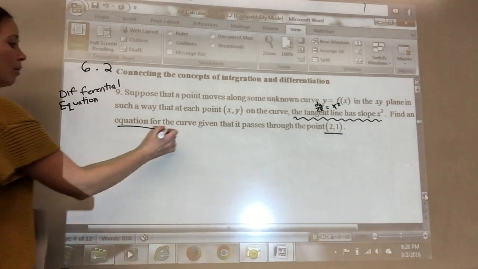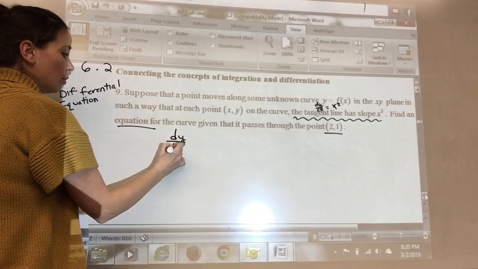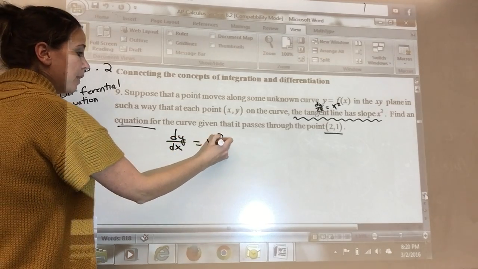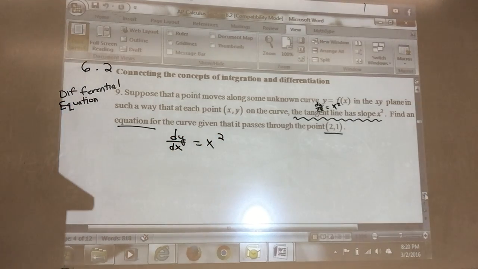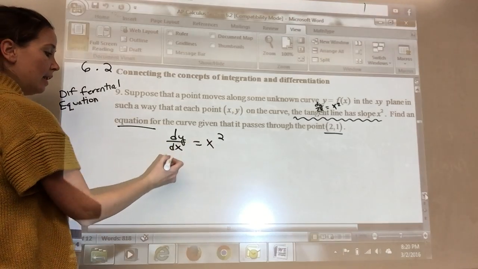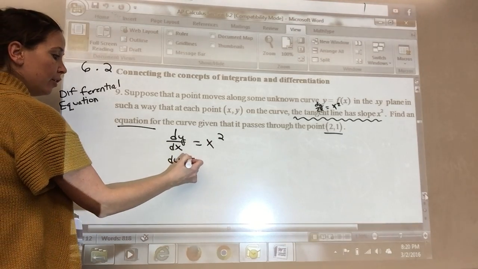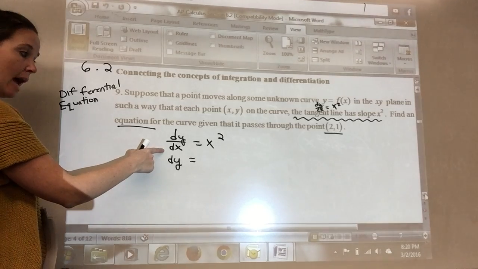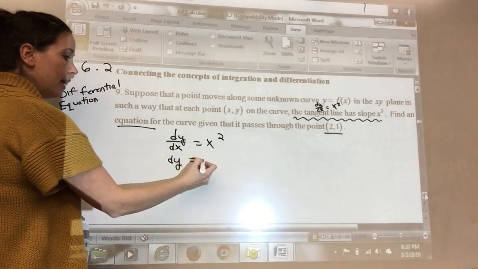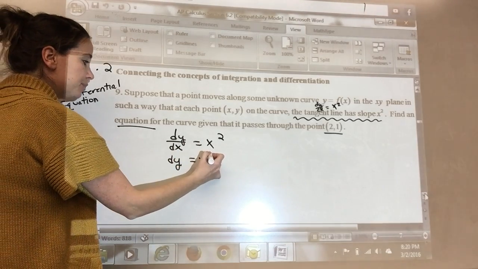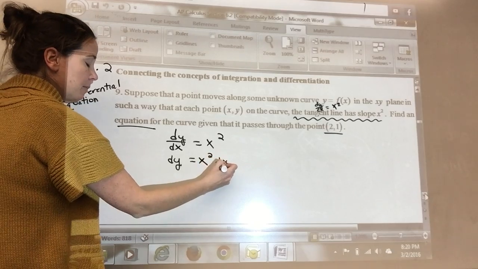Okay, so here we go. We're going to start by writing dy dx, what we do know, equals x squared. And to figure out what our function originally was, we are going to multiply both sides by dx. So dy, the derivative of y with respect to x, we can multiply and get dy equals x squared dx. Okay?